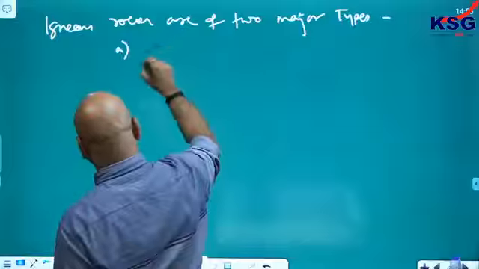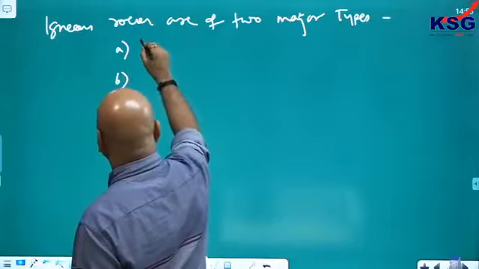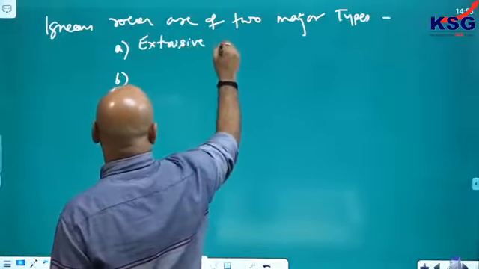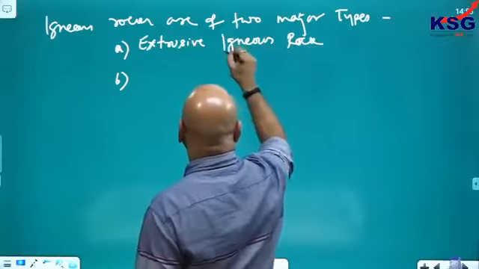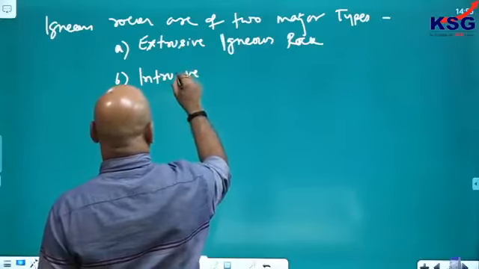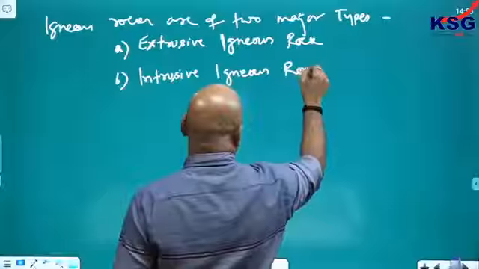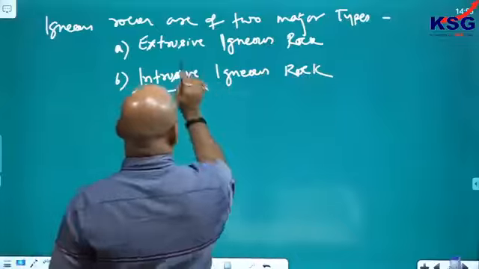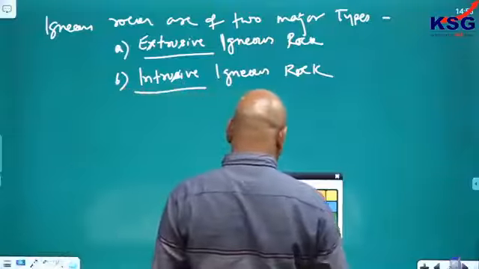One, extrusive igneous rock. Another one is intrusive igneous rock. Extrusive and intrusive are the two types of igneous rock. Where will you get intrusive and where will you get extrusive rocks?